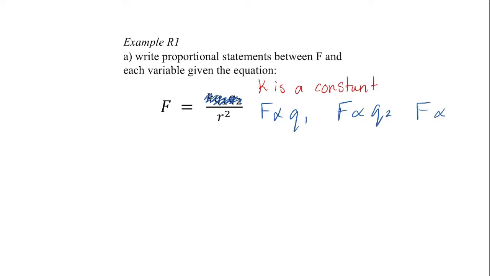But again, since we're ignoring all that, we're just going to put a constant in there. And what better number to be a constant than 1? Because 1 doesn't really change anything. And so that's how we would write that proportionality statement, is that force is proportional to 1 divided by the distance between the two charges squared. So that is not just an inverse relationship, that's an inverse squared.